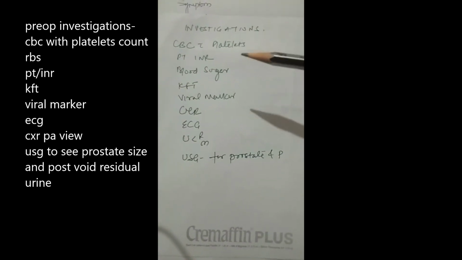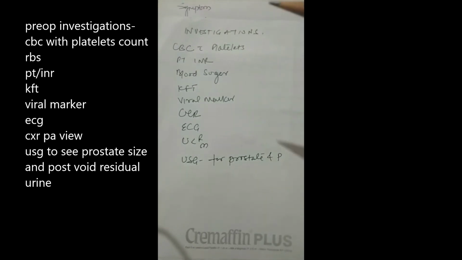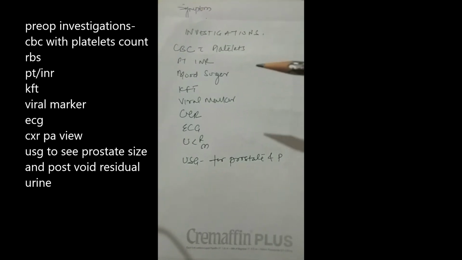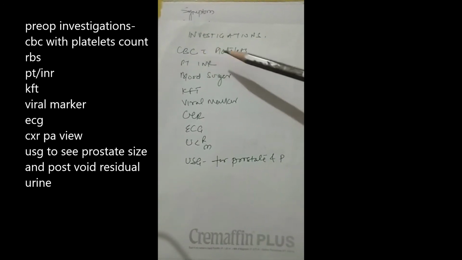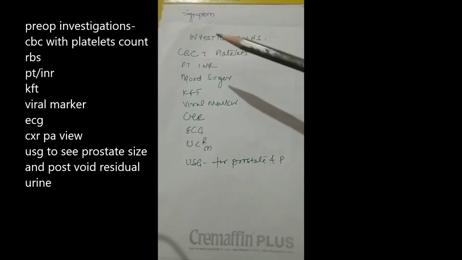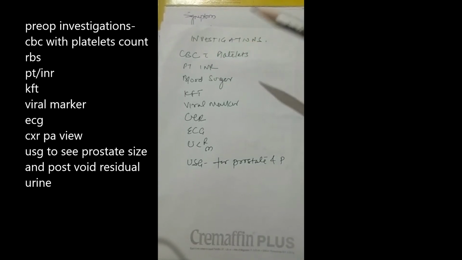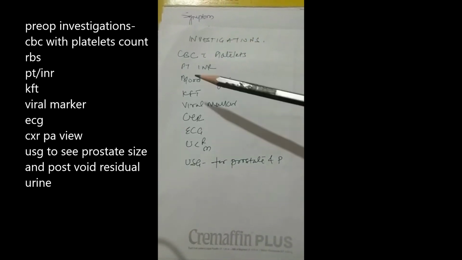What are the routine investigations done to prepare a patient for surgery of inguinal hernia? We have to do CBC with platelet count to know the hemoglobin level and platelet count of the patient.